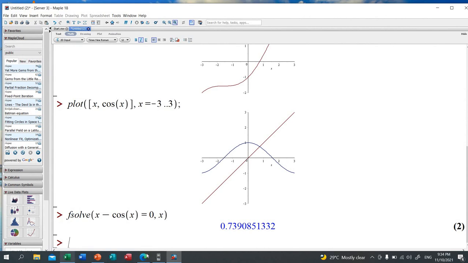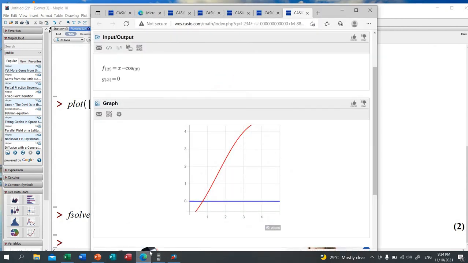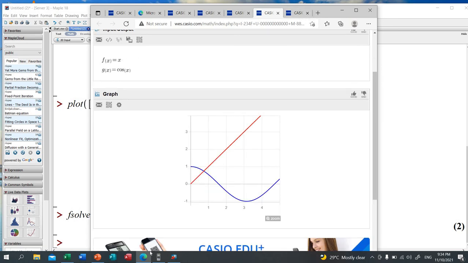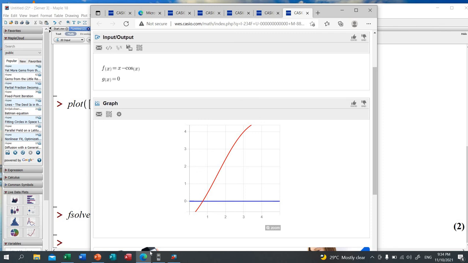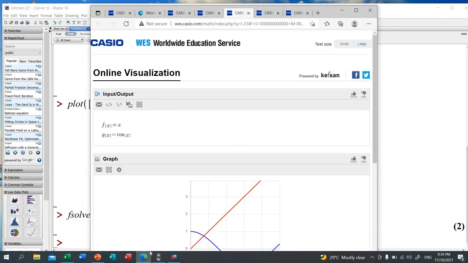Here, this is x minus cos x. This one is in the table mode, two functions. This is the second function becomes 0.